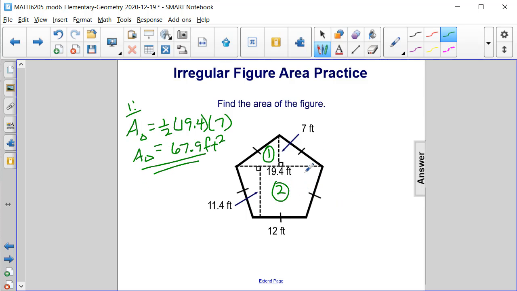Next, we have to calculate the area of our trapezoid. So the area of the trapezoid is found using the formula 1/2 times the height, which is 11 4/10, times the sum of its bases, which is 19 4/10 plus 12.